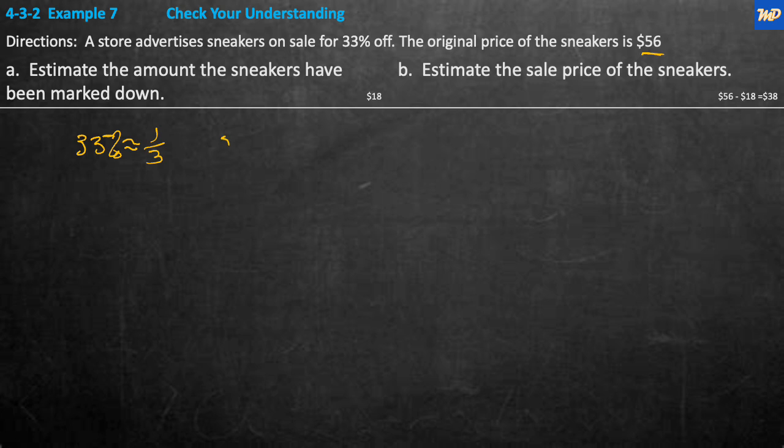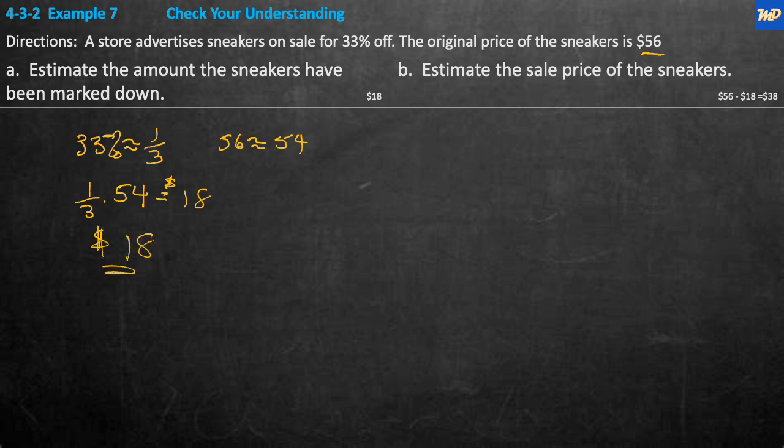So I'm going to say 56 is approximately equal to 54. So now I'm going to say 1/3 times 54 is equal to 18. 18 times 3 is 54. So now this is the 1/3 off. So the off part is right here, $18.